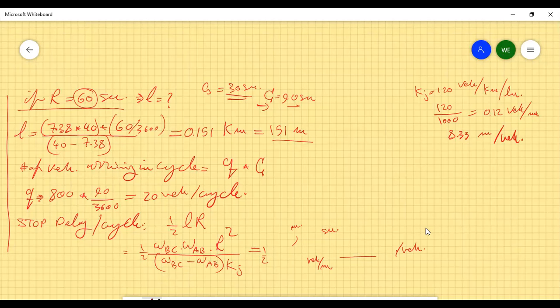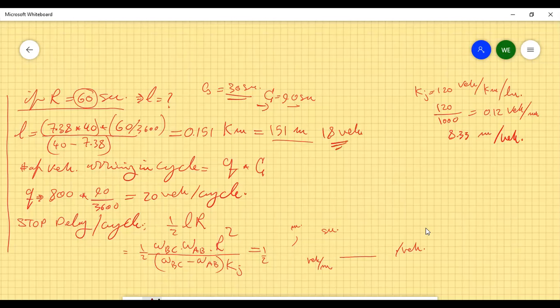So this is 151. If we divide it by 8.33, the queue length is 18 vehicles.